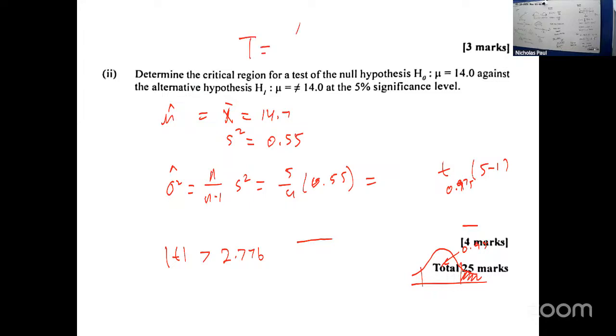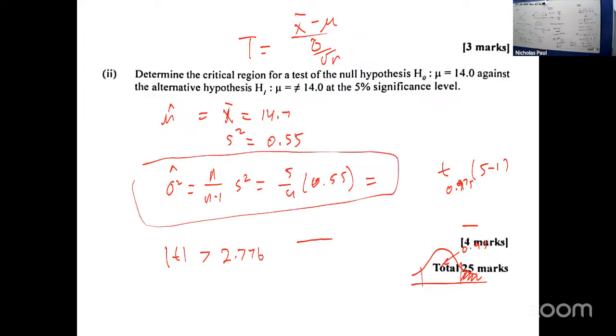X bar minus mu all over sigma over root n. Put sigma hat there because we had to estimate it, right? And I found sigma hat here for you. 14.7 minus 14 over 0.55. That's okay? Don't forget, the 0.55 was sigma hat squared, right? Correct?